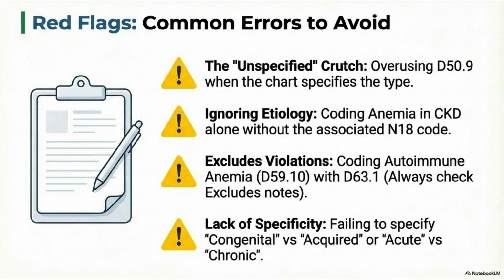Another is coding anemia of CKD without including the corresponding N18 code. Excludes note violations, such as pairing autoimmune anemia with D63.1, can also cause errors. And finally, failing to specify whether a condition is congenital versus acquired, or acute versus chronic, leads to loss of clinical detail and coding accuracy.